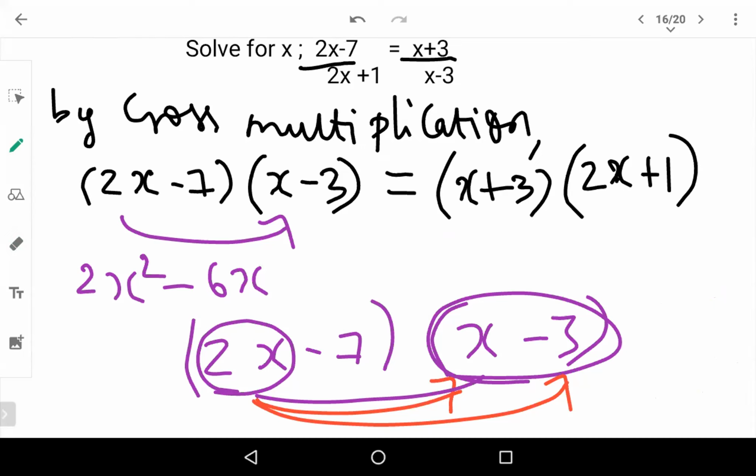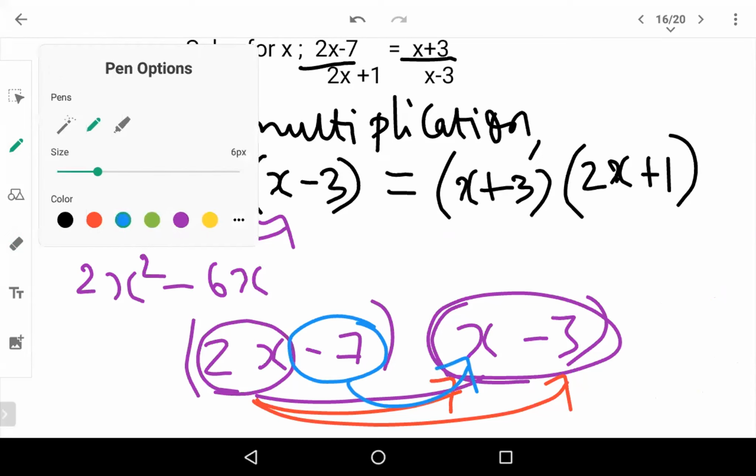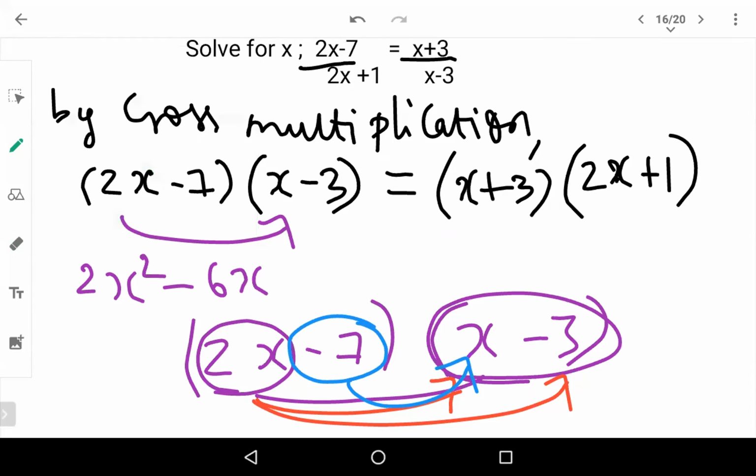Now after this, the next expression. Now we have minus 7. Okay, minus 7. Minus 7 into x will give me minus 7x. Correct?